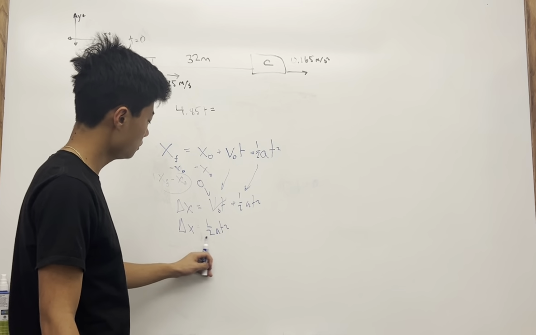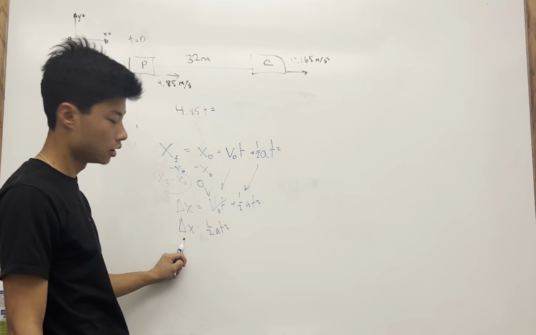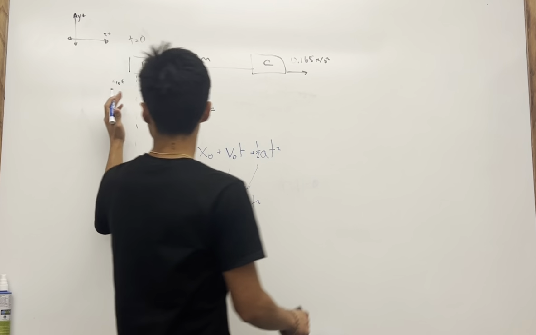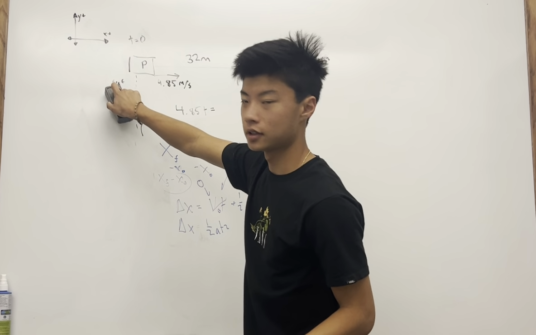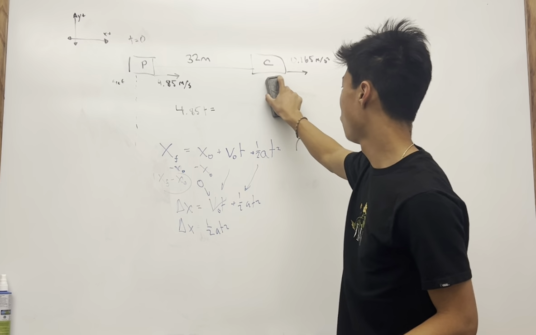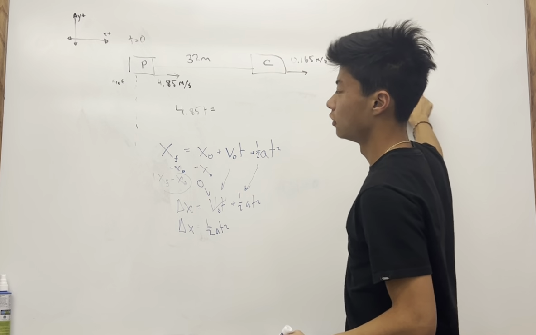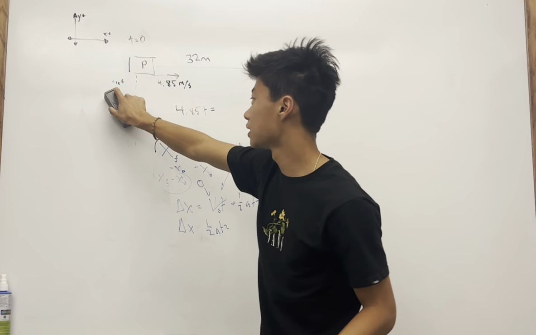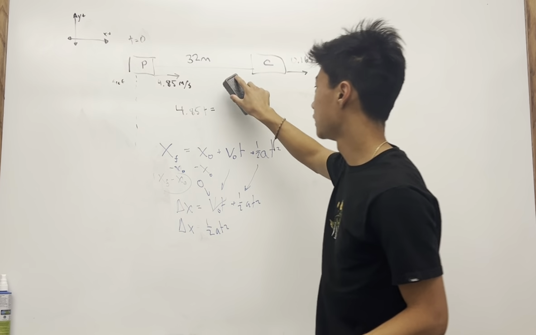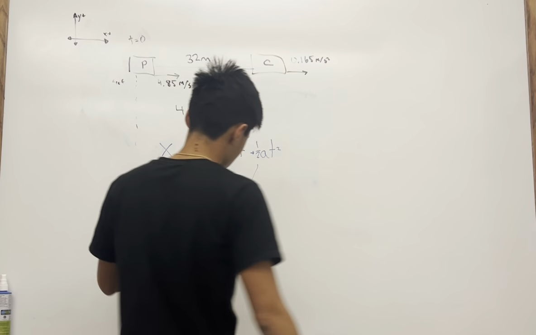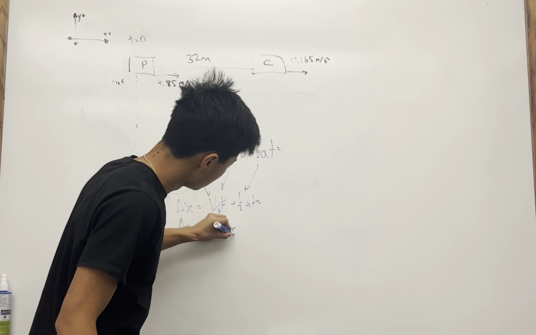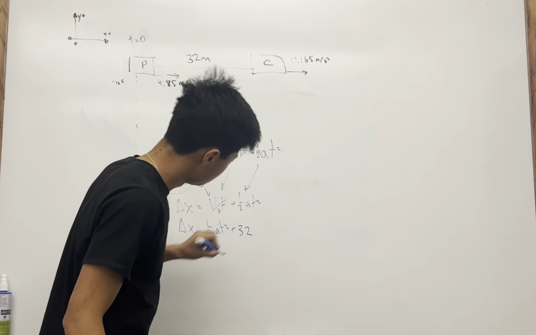But this value for delta x doesn't get us the position of this in regard to the x reference. It only gets us how far along this has moved. So to find the position with respect to the x reference, we have to add this value right here, which is 32 meters. So you're going to add 32.